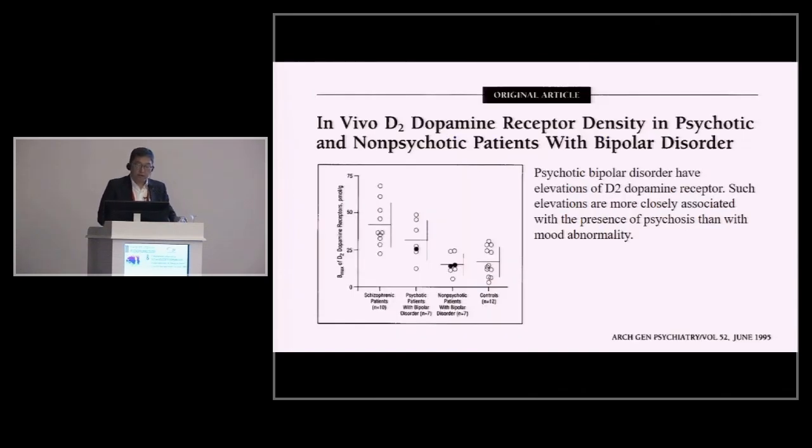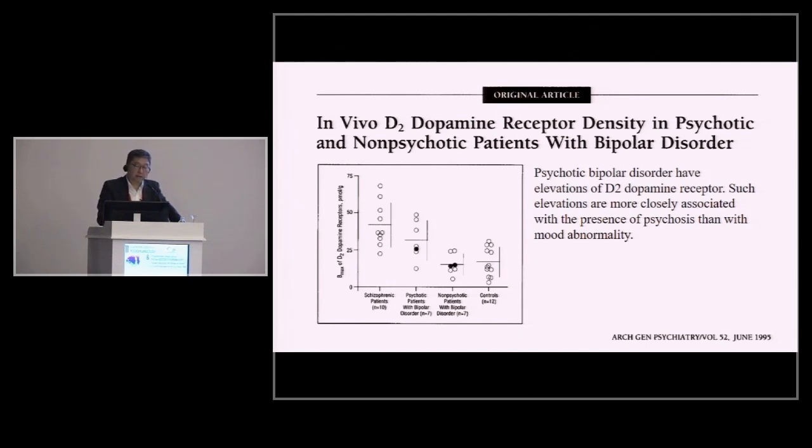Yeah, for psychosis, nowadays I think the most complicated treatment guideline is for bipolar disorder. We can give a mood stabilizer, we can give an antidepressant, we can give antipsychotics. This paper was published quite early, but they used a PET study to measure the dopamine 2 receptors, which are very important for the pharmacological effect of antipsychotics.